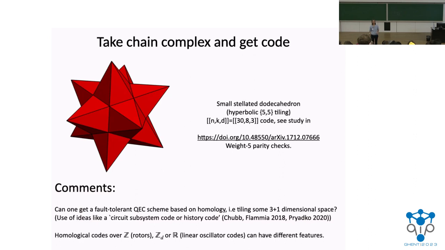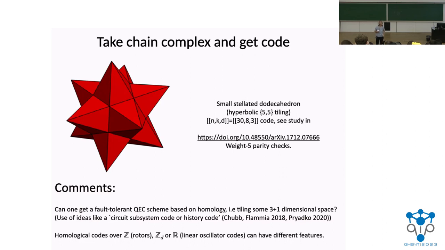These are also called nullifiers, and that can be seen as homological. Well, okay, some of them can be seen. If I take linear combinations of the x separately and the p separately, it can be seen in this homology sense. But the point is, they encode oscillators, and there are also proofs that these codes don't work very well. But for rotors, we have some ongoing work, with the people I'm doing this with, that actually you can also encode qubits. So it's slightly different, and that's because of some features in the homology.